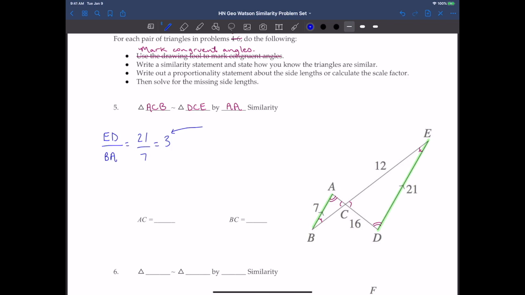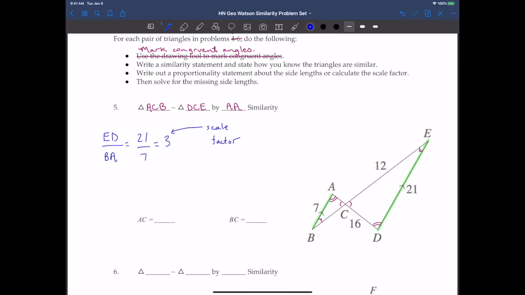This is the scale factor. So what that means is I can identify the side that corresponds to AC in the larger triangle. I see that that's DC, and I can divide by 3.